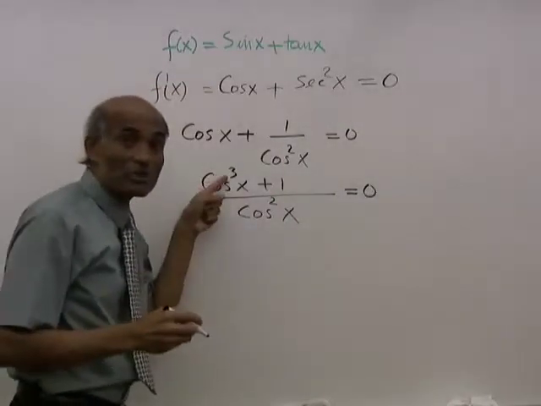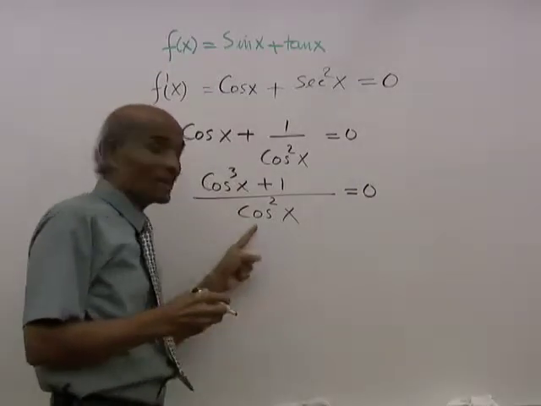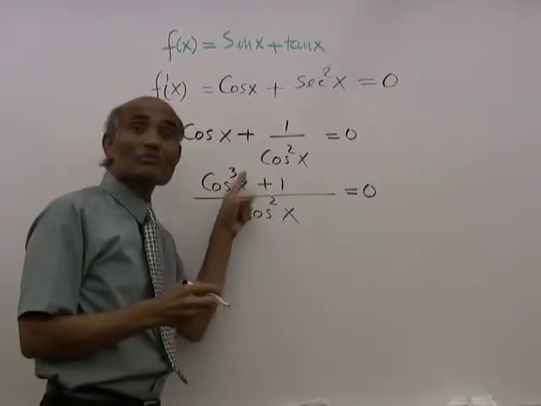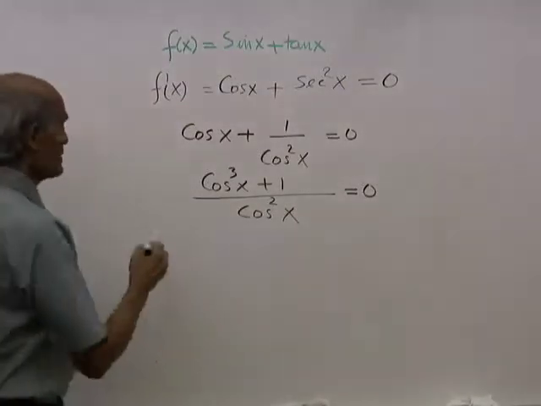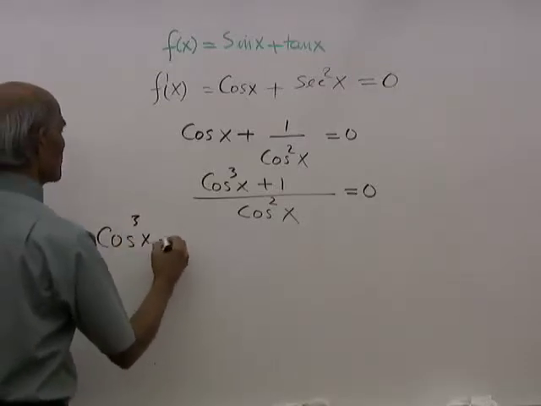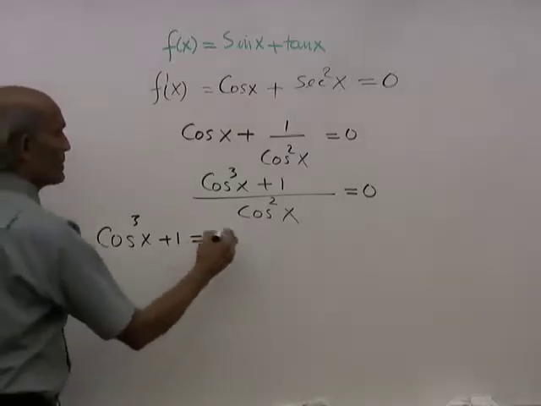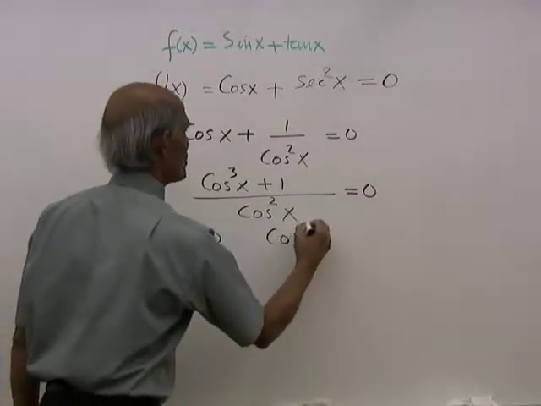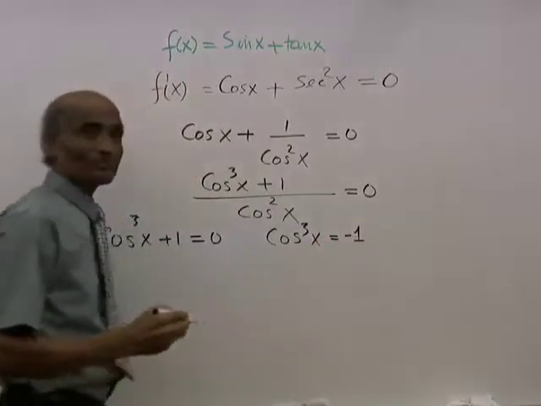Now you have a numerator and denominator. A quantity like this becomes 0 when the numerator equals 0. So let's take the numerator and set it equal to 0. Cos cube x plus 1 equal to 0 will give you cos cube x equal to negative 1.